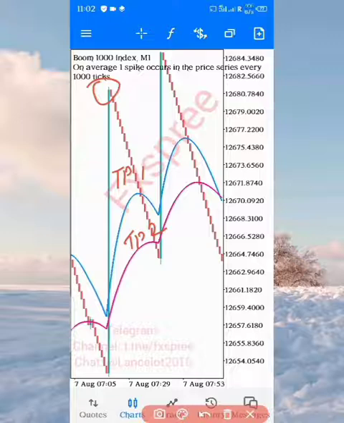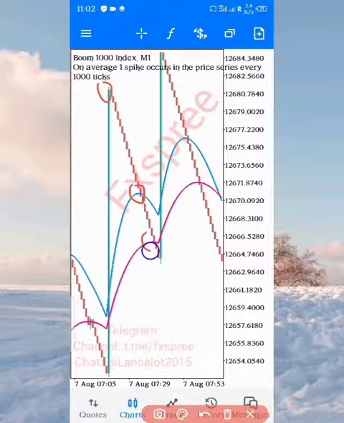What I mean is that when you enter right from here and you see the market move and touch this, you take your profit if you have a small account. If you have a very good account, you leave it until it touches this. Once it touches that, you exit the trade.